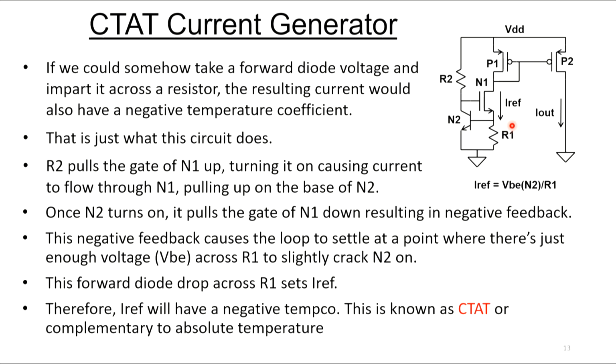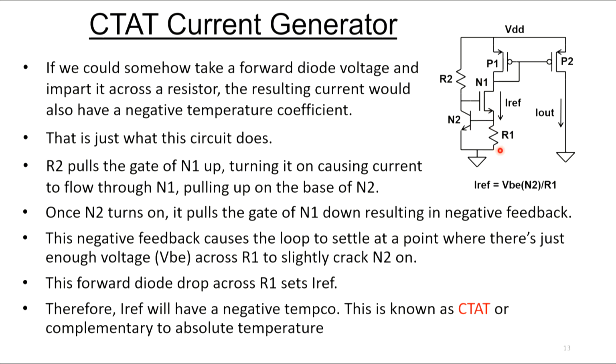This circuit, due to this negative feedback, is going to settle just in the right spot where you have a diode drop across R2. So the VBE of N2 is going to be applied right across R2. And we said that any diode has a negative temperature coefficient.